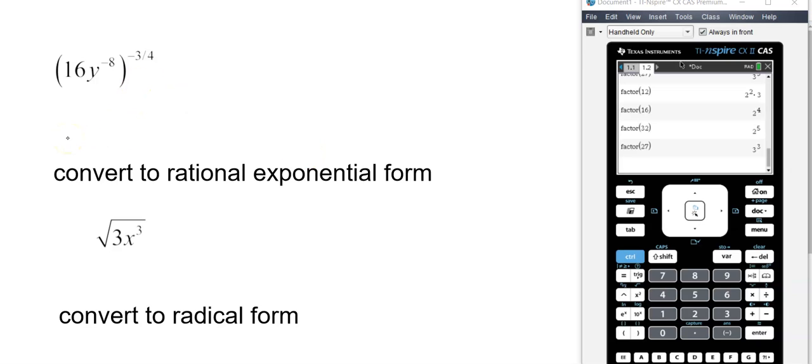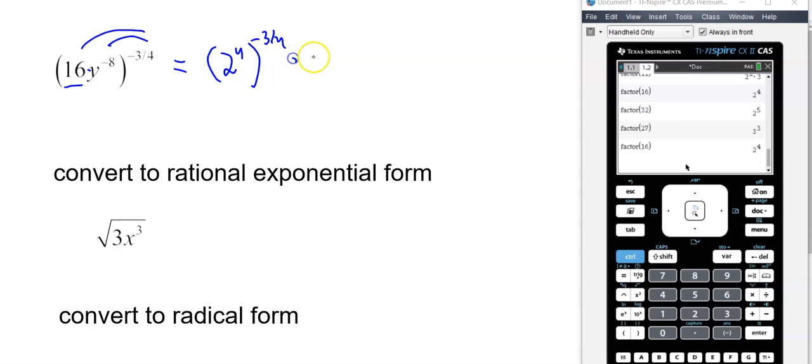And a few more problems here. These get kind of complicated because we're dealing with fractions. Because there's multiplication inside of there, we can distribute. But I also might think about simplifying that 16. In prime factored form, that'd be 2 to the fourth. So we'll write this first number as 2 to the fourth to the power of negative 3/4 times y to the negative 8 to the power of negative 3/4.